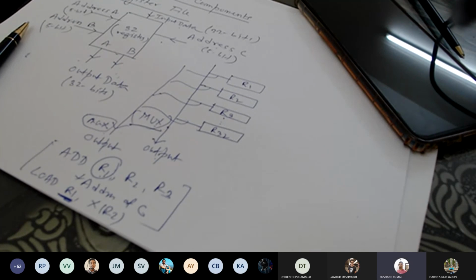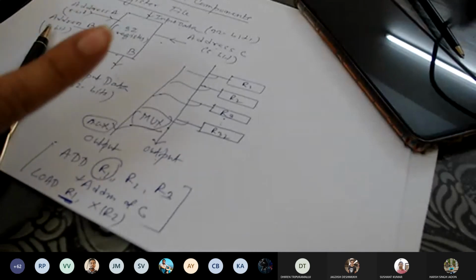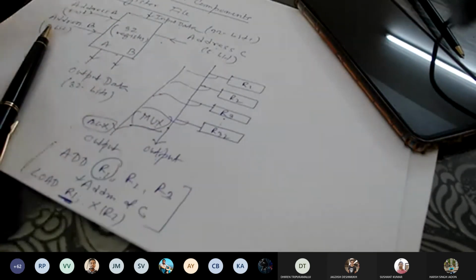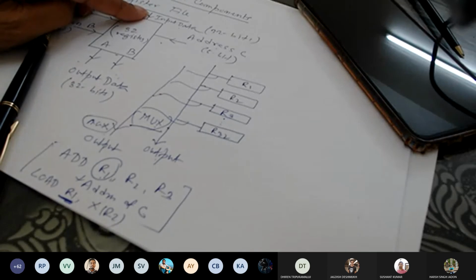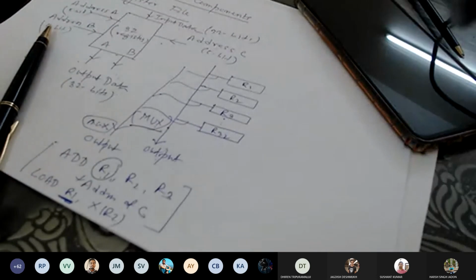Sir, we can pass the input data to multiplexer and choose the address. Right. So it depends on how you implement it. I got it. So you require a mechanism which can actually transfer this value from the input port to one of these selected registers. The selection will be definitely based on the addresses.